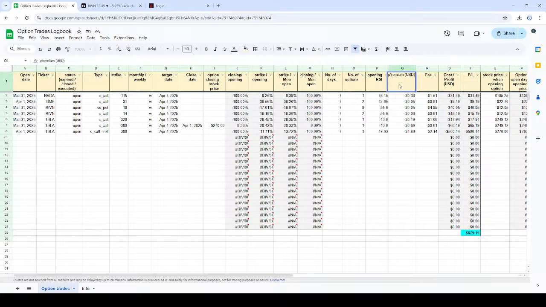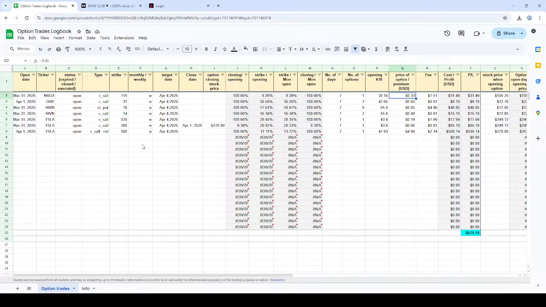Price of option slash premium. If it's negative, it means that I'm getting money from selling options. I get premium.